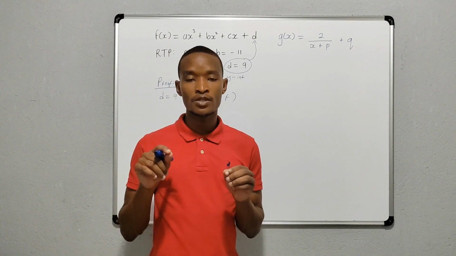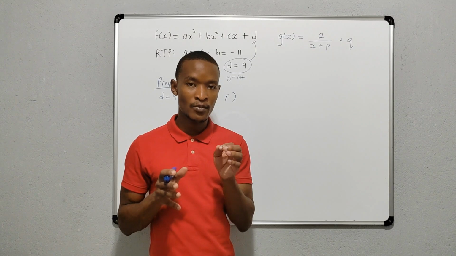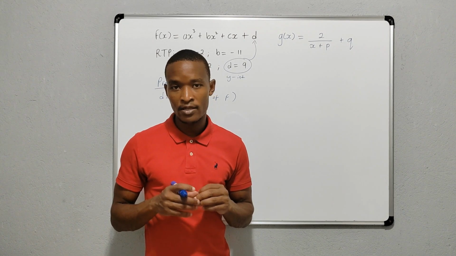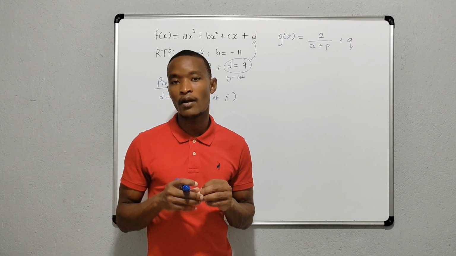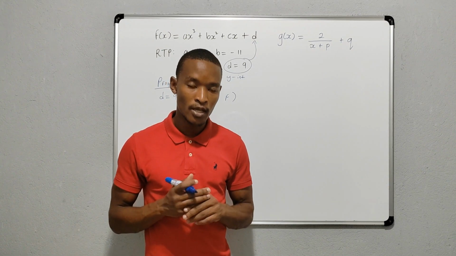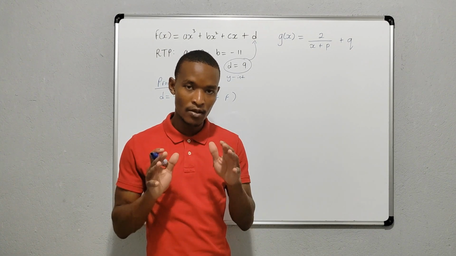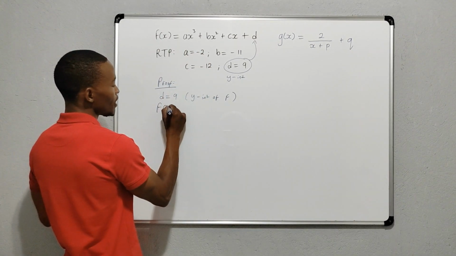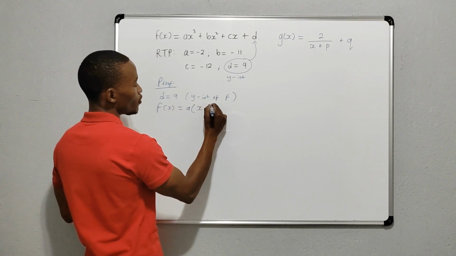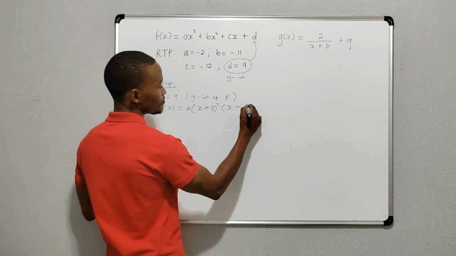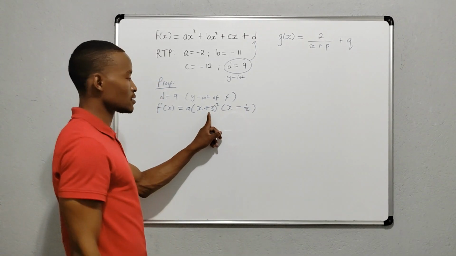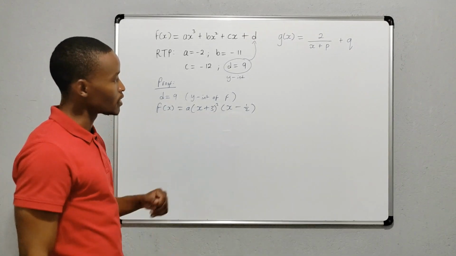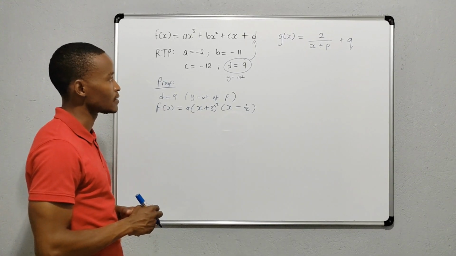And if you recall nature of roots, where we dealt with a parabola, when there's a turning point at an x-intercept, or it just touches the x-axis, that is actually two roots that are equal, or we can say one double root. Okay, so we're going to have x plus 3 all squared, times x minus half as the equation for f. Then x-intercept of a root at -3 and also at half.